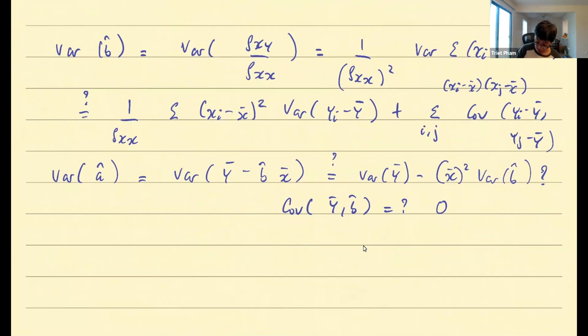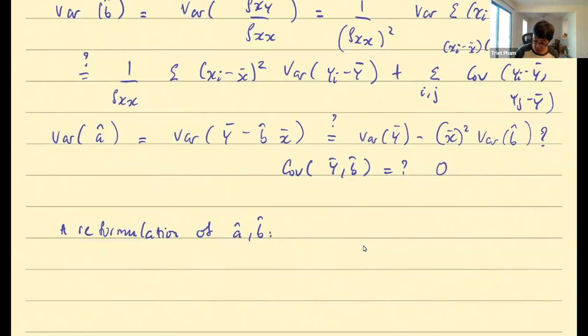Okay, so a reformulation of a hat and b hat. And again, the purpose here is to reveal their distribution nature in an easier way for us to study their sampling distribution.